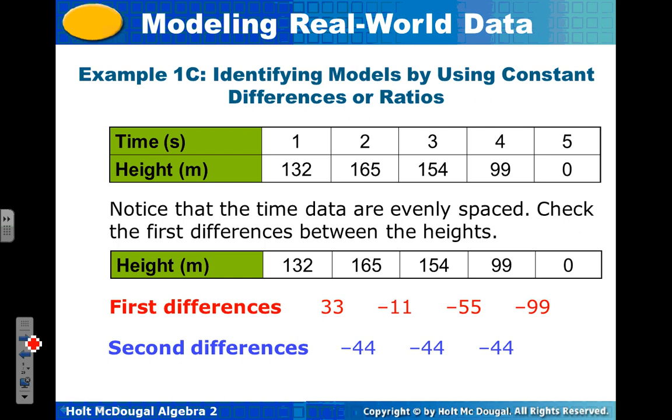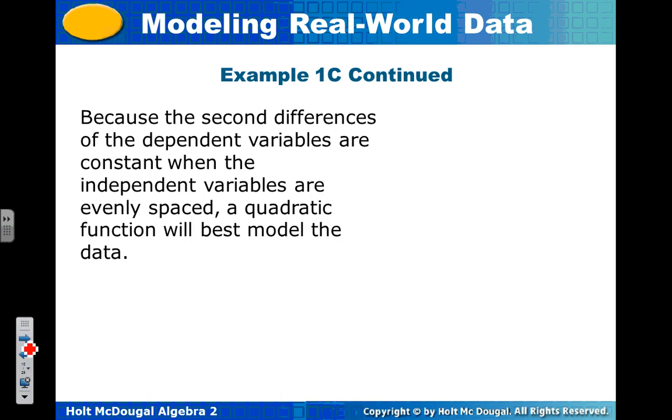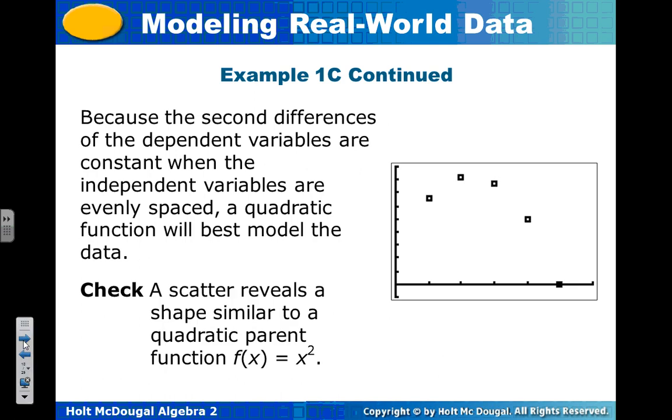So, since their second differences are the same, we have a quadratic. The first x values are evenly spaced. The second differences are the same. We have a quadratic. If you were to plot these points and look at a scatter plot, it looks a lot like a quadratic.